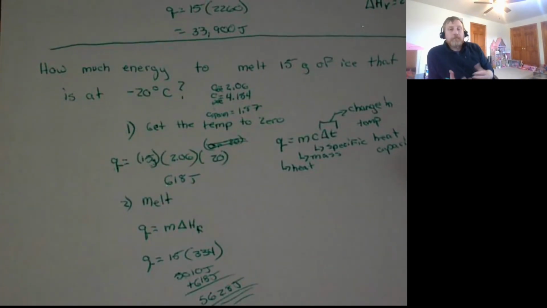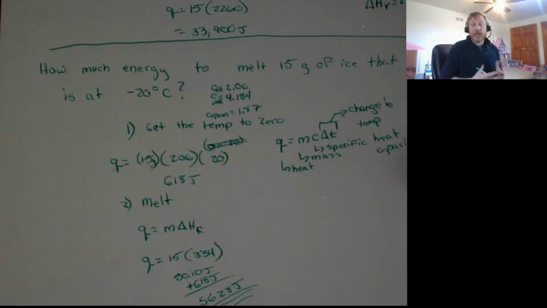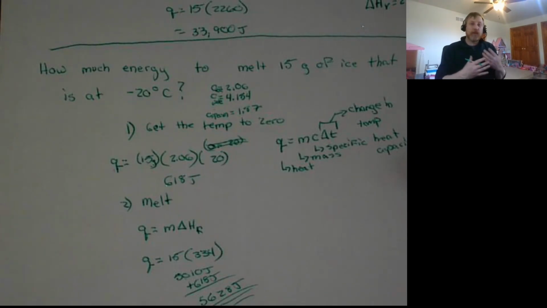Okay. Now, the same problem can be expanded, right? And we could go even bigger. What if we don't just want to melt this ice? What if we also wanted to turn it into steam? And so it's going to be a couple more steps, but it's not any more complicated because each one of these steps is either going to be a change of temperature, which is a Q equals MC delta T problem, or it's going to be a change in state, which is a Q equals M delta H problem.